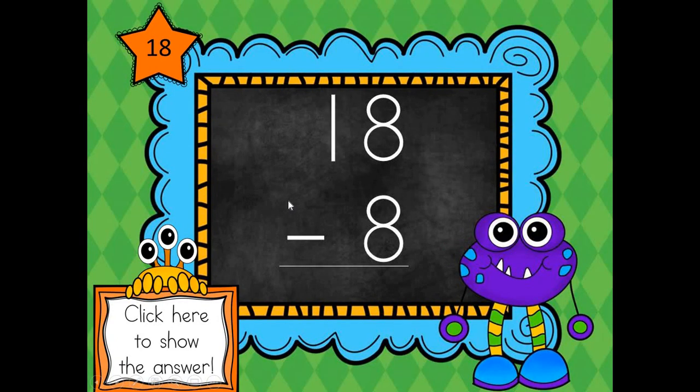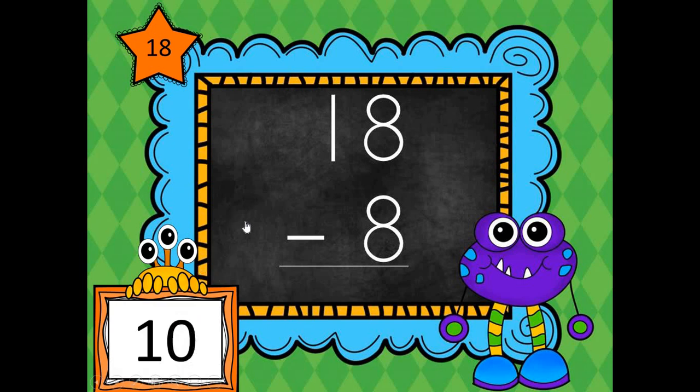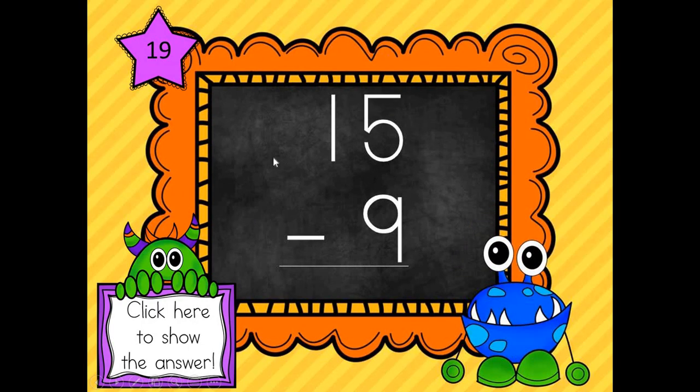All right, 18 take away 8. Count it from the little number on this one. Did you get 10? Good. There we go. 15 take away 9. Maybe you've been practicing your math facts.